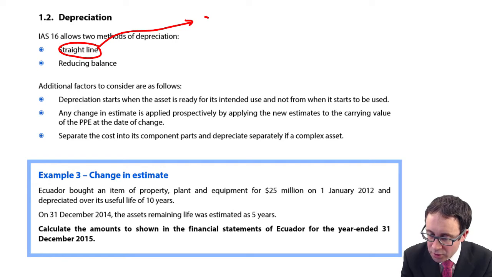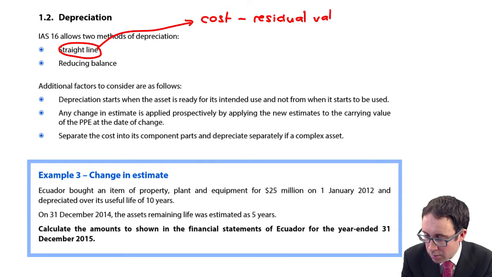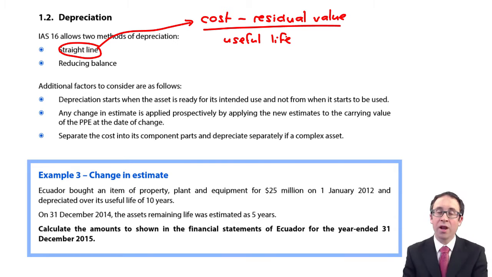The only thing that I would add is, remember, it's your cost less your residual value divided by your useful life.